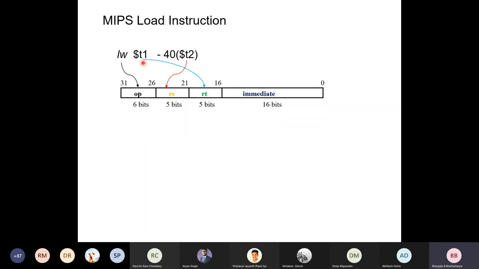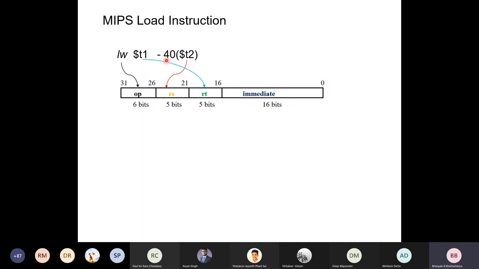All right. So this source register and destination register and the load operation have been encoded. Now you are left with this offset value, minus 40. As you can see, you are again left with 16 bits only here in the instruction. So this 40, using these 16 bits, you need to encode this part.